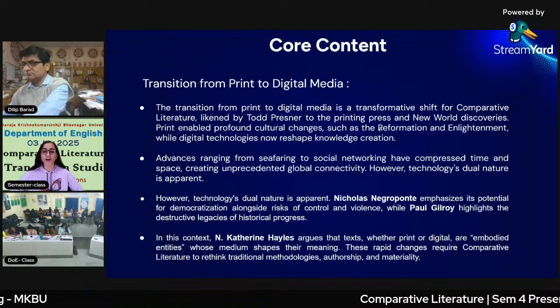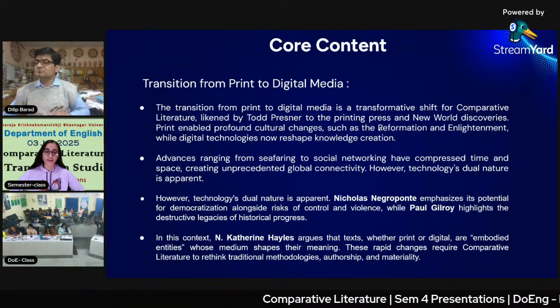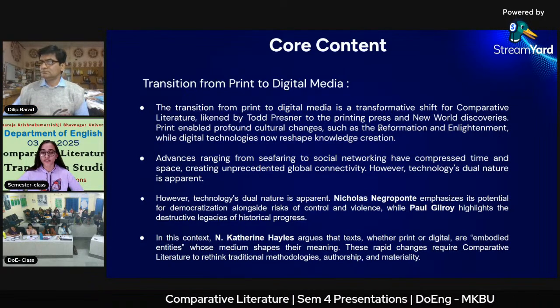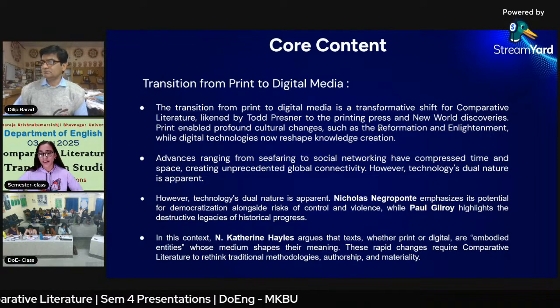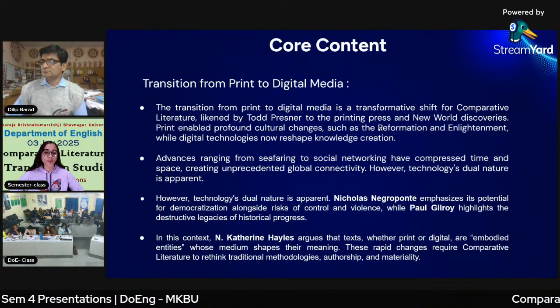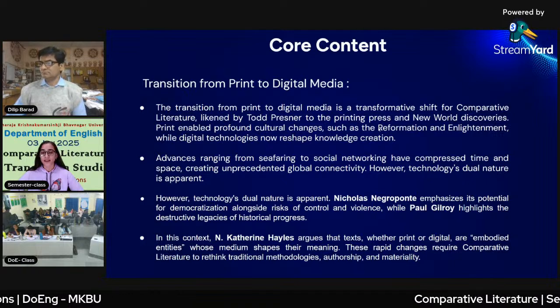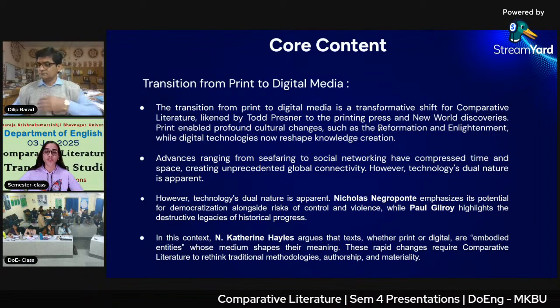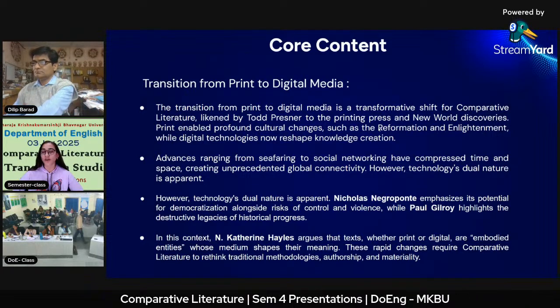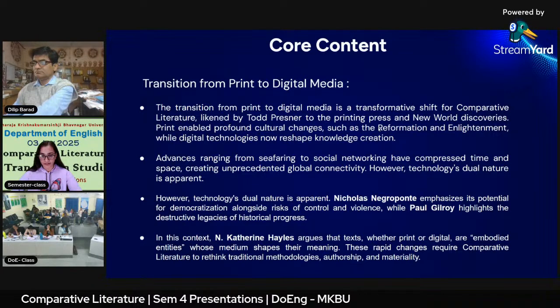In the context of the critique, Katherine Hayles argues that texts, whether print or digital, are embodied entities, and the whole medium shapes their meaning. This rapid change requires comparative literature to rethink methodologies, authorship, and materials.